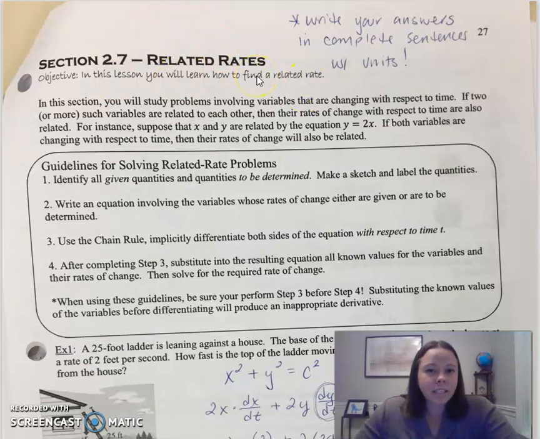So that's kind of the idea. We also talked about blowing up a balloon, like a spherical balloon. Well, again, your radius is changing as you're blowing it up. Your volume, your surface area, all of those are changing at different rates, but they're all related in terms of time. So I'm going to come back and look at this box after we do an example.